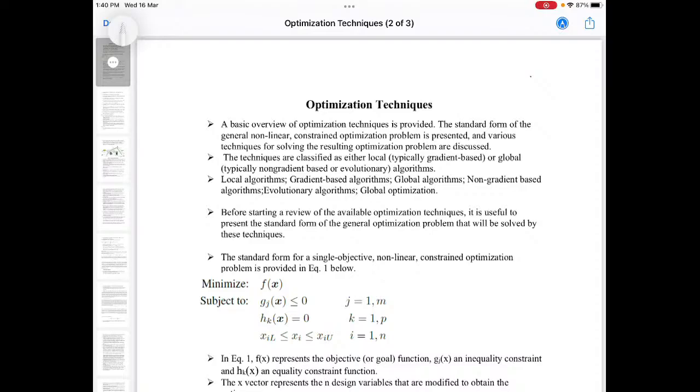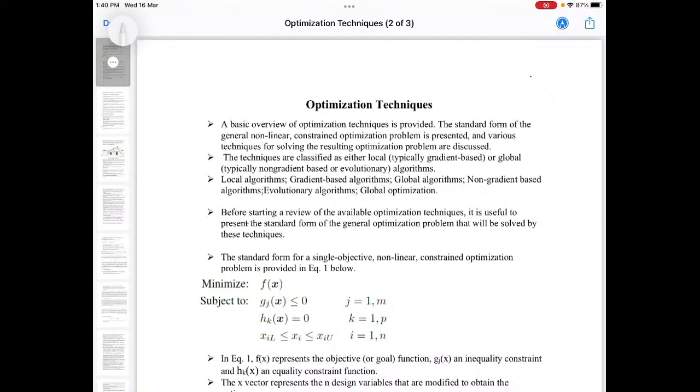So first we will see local algorithms. Here local algorithms are gradient based algorithms, and global algorithms are non-gradient based algorithms. Or again we can see that the optimization involves techniques like those used in evolutionary algorithms and global optimization.